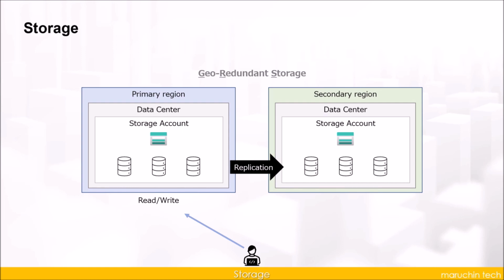If the primary location becomes unavailable, Azure Storage fails over to the secondary location. However, with GRS, the data in the secondary location is not available for read and write access unless Microsoft initiates the failover.